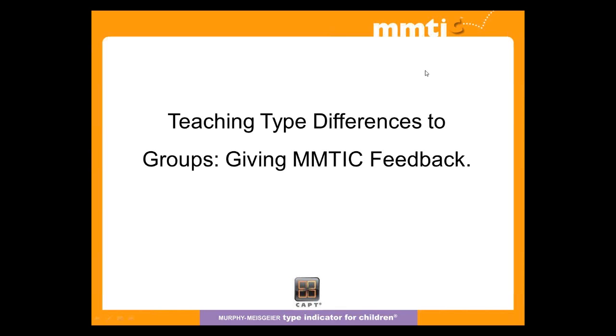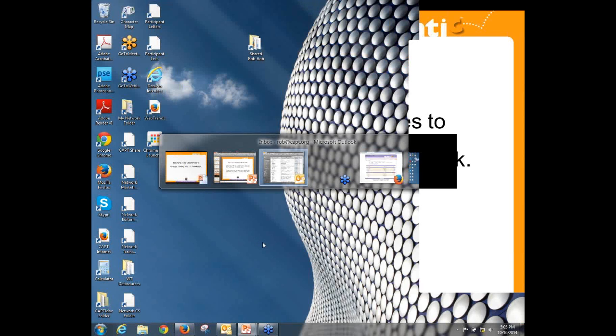For any of you who are currently certified or currently enrolled in the certification program and you have eligibility to use the facilitator's interface with CAPT, you have a lot of really nice free downloads that come with that.